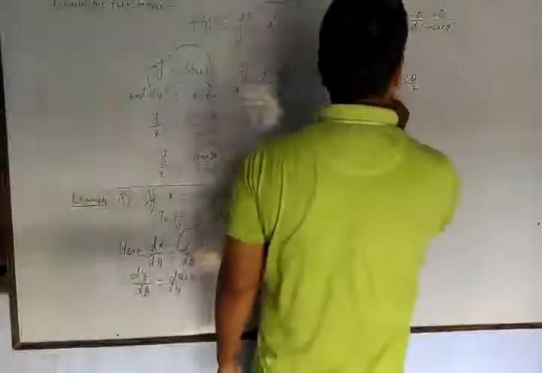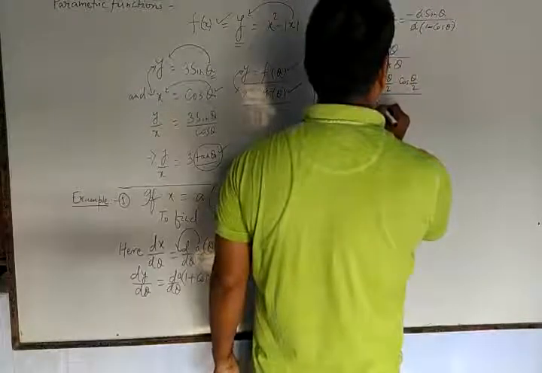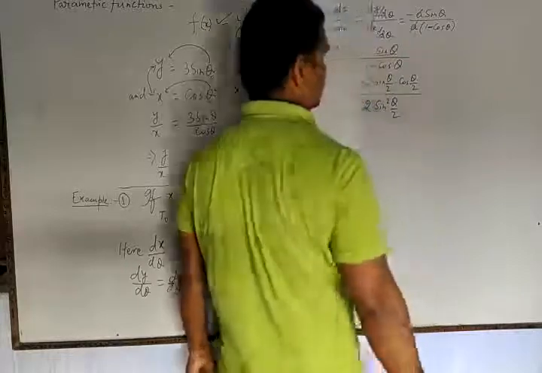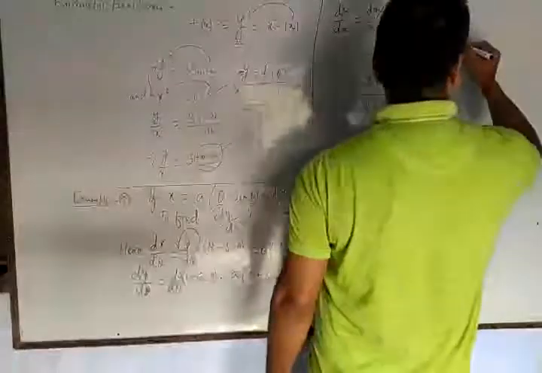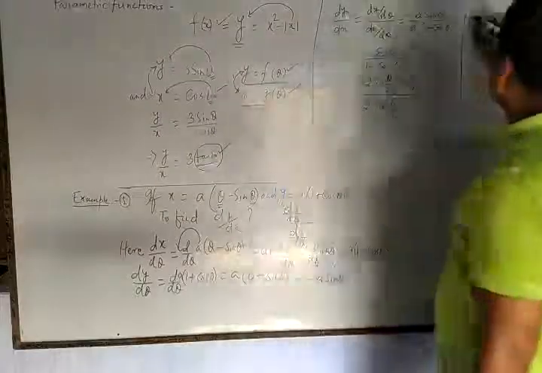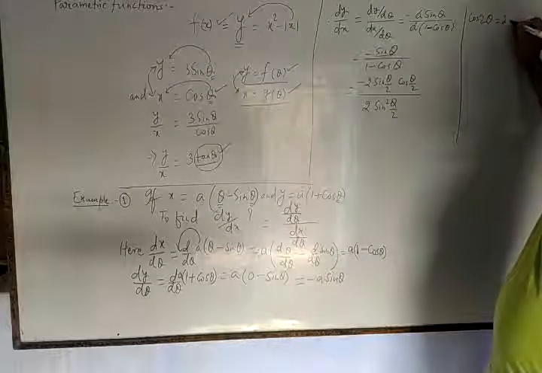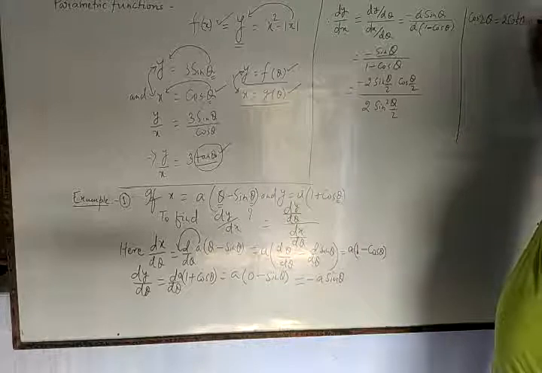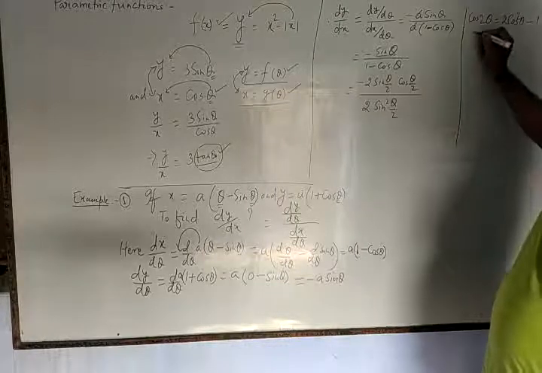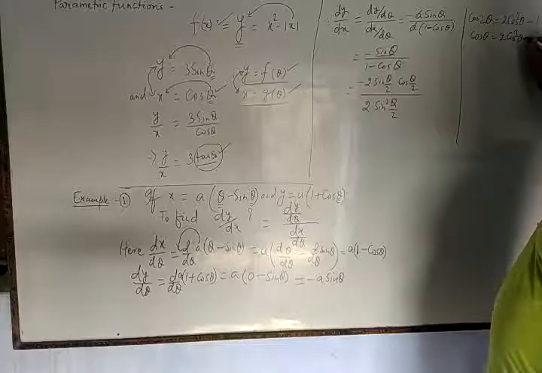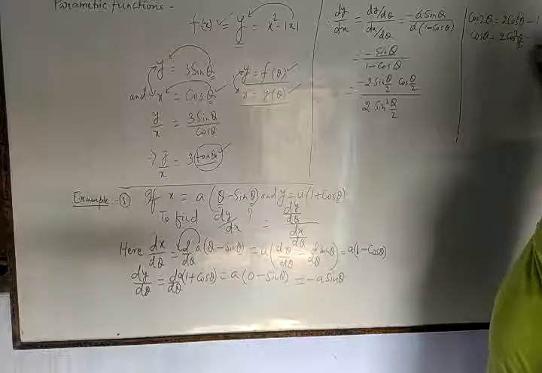And 1 minus cos theta is equal to 2 sin square theta by 2. Look how it comes. Because I always discuss everything. Cos 2 theta was the formula 2 cos square theta minus 1. So cos theta will be equal to 2 cos square theta by 2 minus 1.